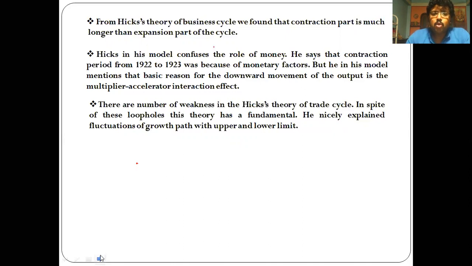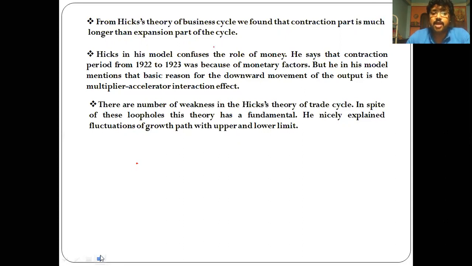Hicks in his model confuses the role of money. He says that the contraction period from 1922 to 1923 was because of monetary factors.